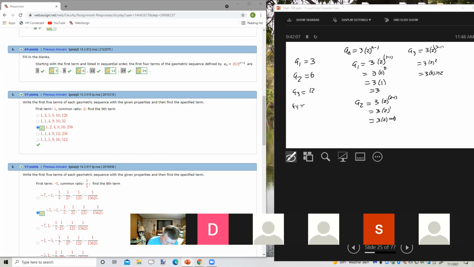And then, of course, you can see what's happening there. It's doubling, right? So this one, they're giving you the formula ahead of time and saying, use that formula to plug things in. Okay. What else?